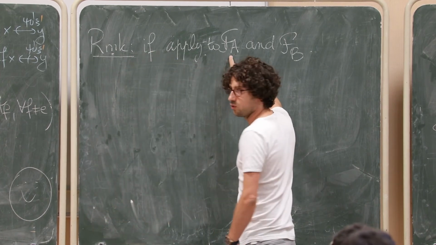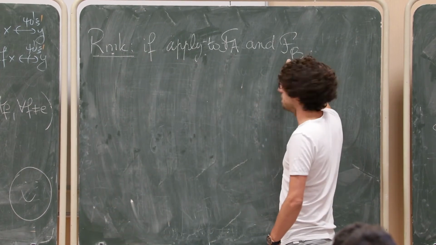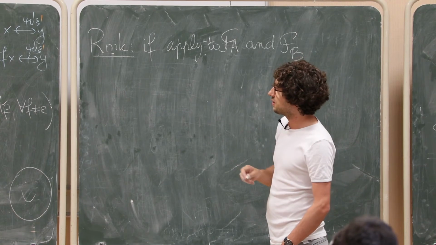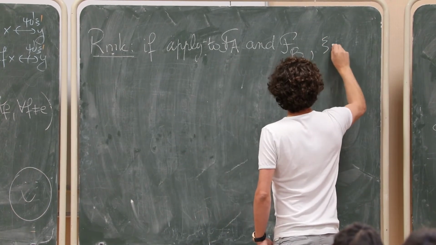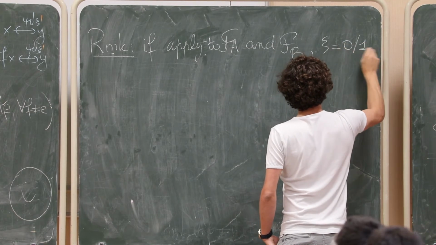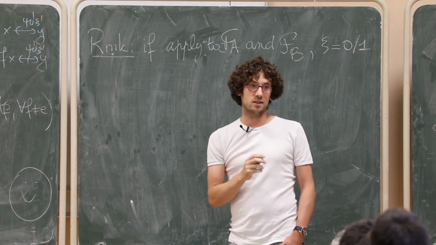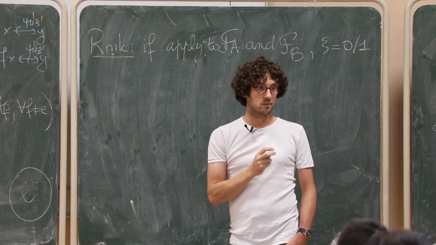But if you apply to A being this event and B being this event, the first inequality, the FKG and psi equals 0 or 1, the first inequality translates into what?